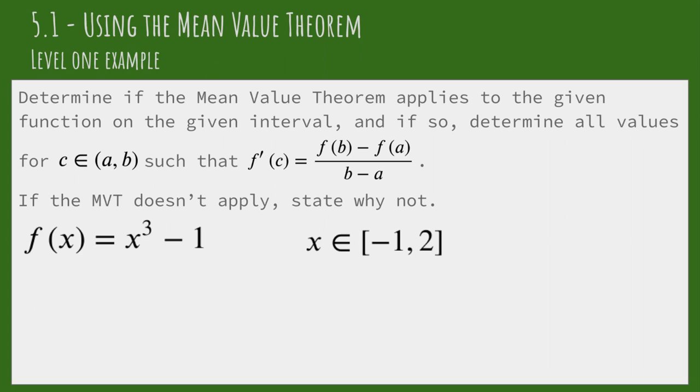theorem even applies. So there are two conditions that have to be met for the mean value theorem to apply. One is that the function has to be continuous on the open interval from the starting point to the ending point, and it has to be differentiable on the closed interval.